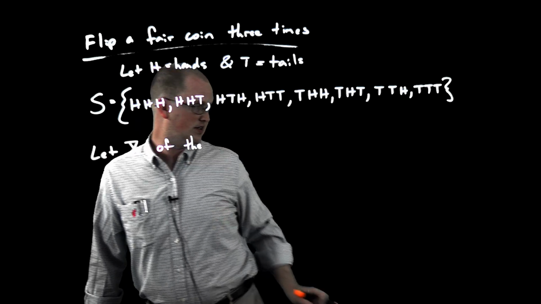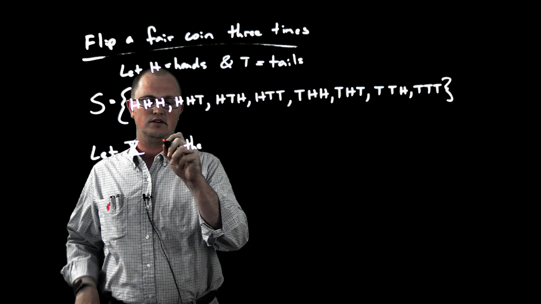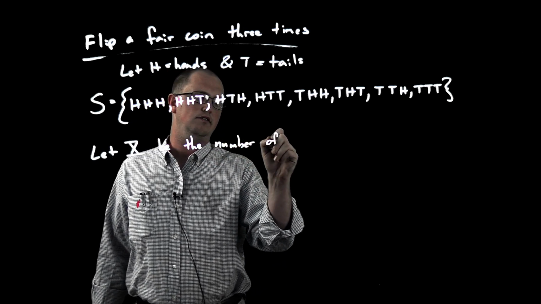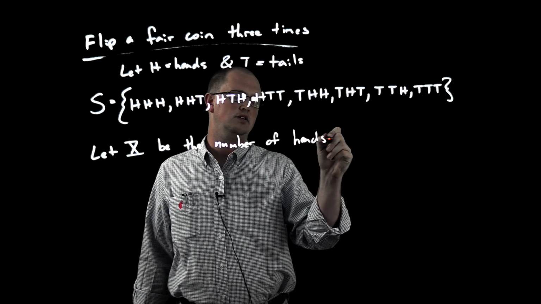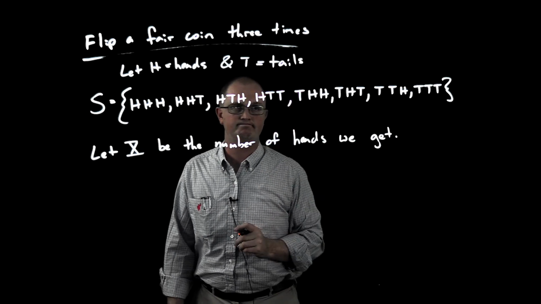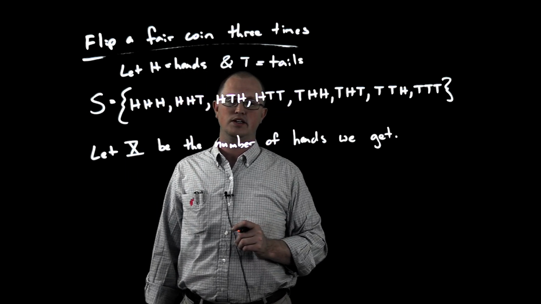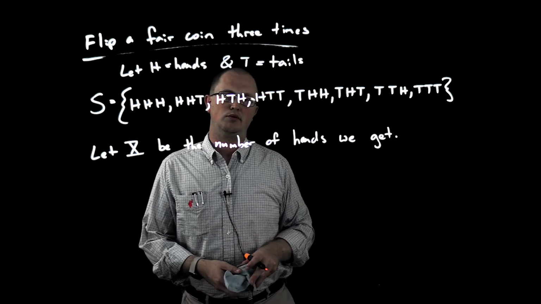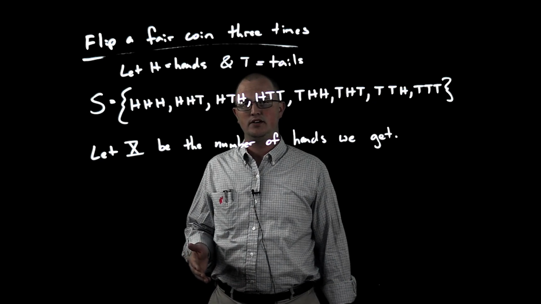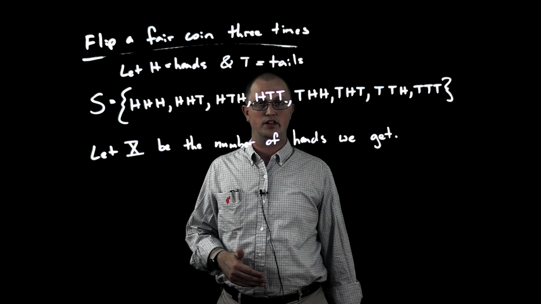be the number of heads we get. The reason I have X drawn like this is because generally in probability, random variables get a capital letter, and the outcomes of those random variables get a lowercase letter.